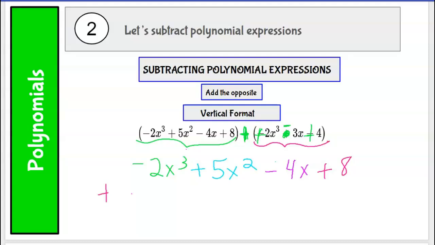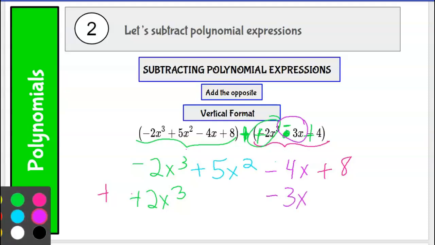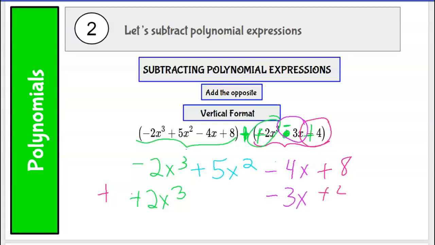So I've got a positive 2x cubed. Then I do not have an x squared term in my second parenthesis, so I'm just going to leave it blank there. Now I've got my negative 3x, so I'm going to line that up underneath my other x. And then I have my plus 4 here.